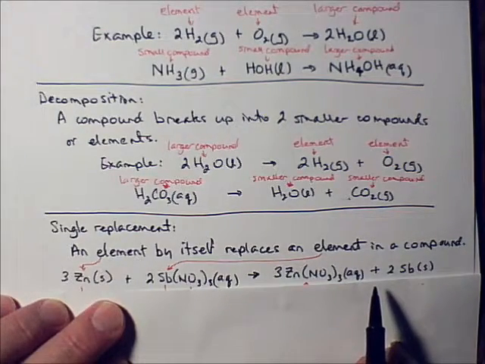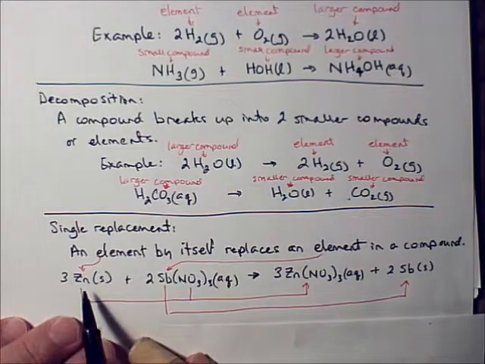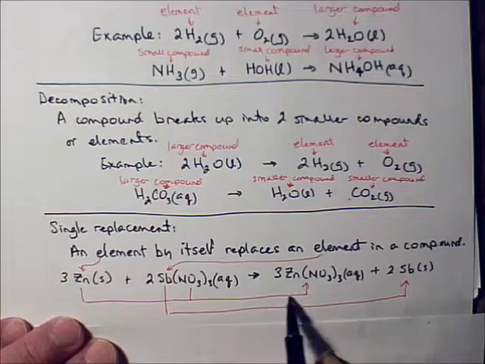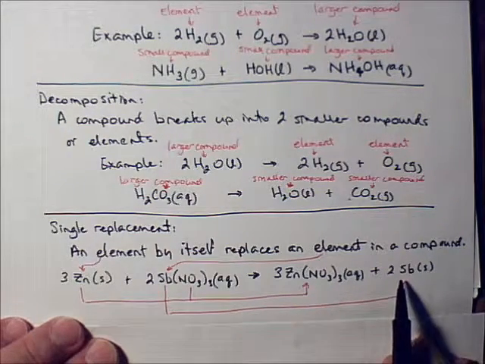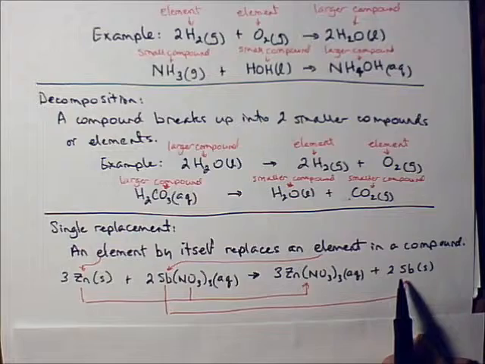Now that's pretty simple. Does everybody understand what we mean by single replacement then? And the zinc then joins up with the nitrate here and becomes zinc nitrate. The antimony ends up by itself. Alright?